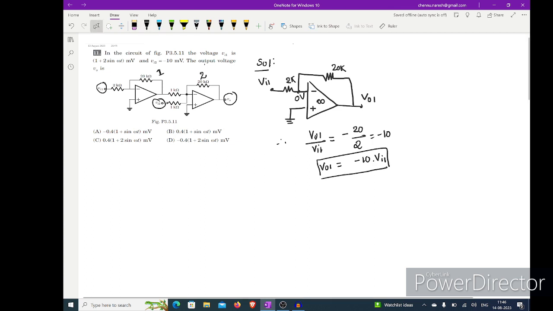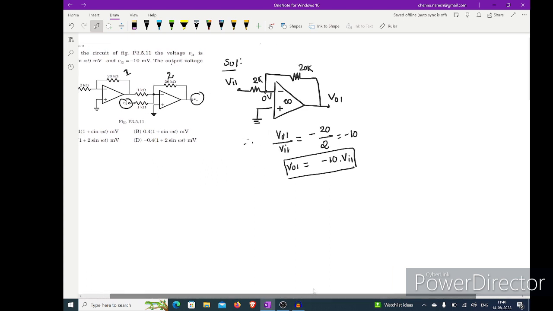Next we will take the second op-amp. Finally we will take both op-amp outputs and substitute the input values. So the second op-amp is 1k.